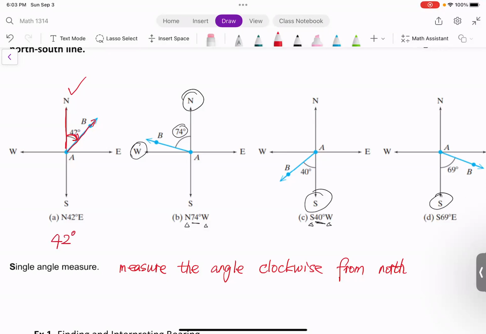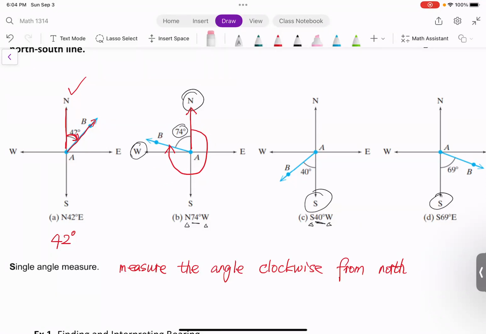And the second one, I'm still starting from the north, and then doing the clockwise rotation. I got to the terminal side. Then can you find this angle, the red one? One full rotation is 360, but I didn't do a full rotation.